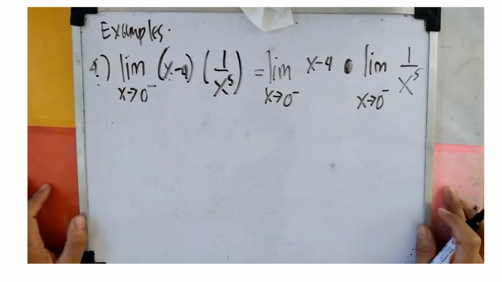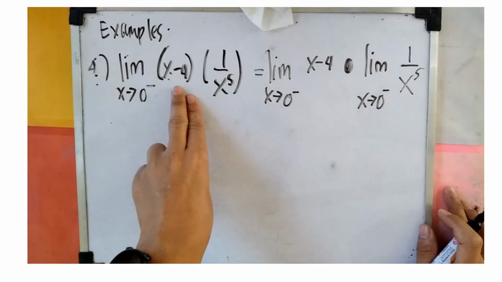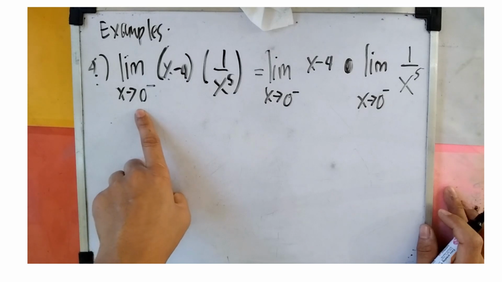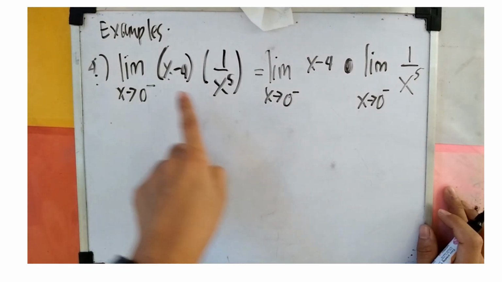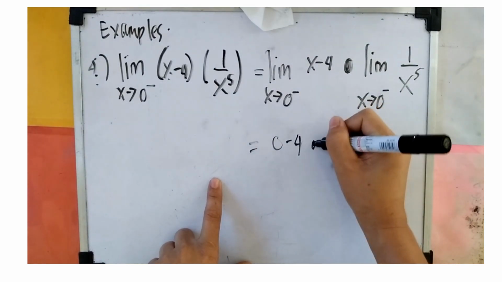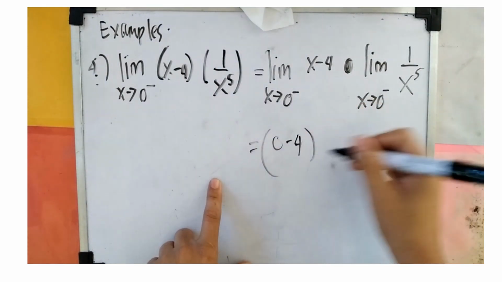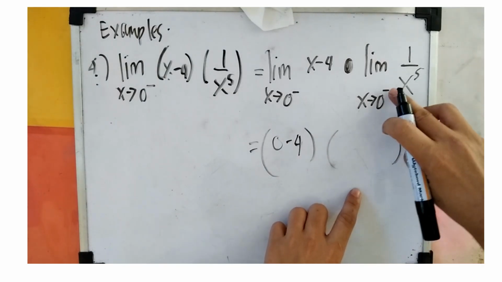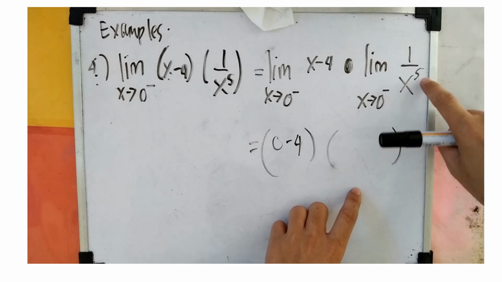Okay, we are on our last example for product involving infinite limits. The given is x minus 4 times 1 over x to the power of 5 as x approaches 0 from the left. Saan lang ma-apply yung theorem, class? Dito lang. Dito, substitute. Tama? 0 minus 4 times... itong times B. Okay, ito. 0 from the left, tapos add.